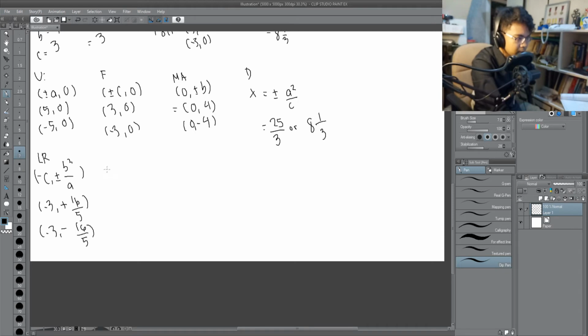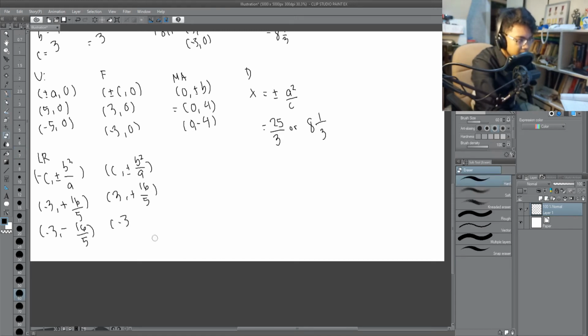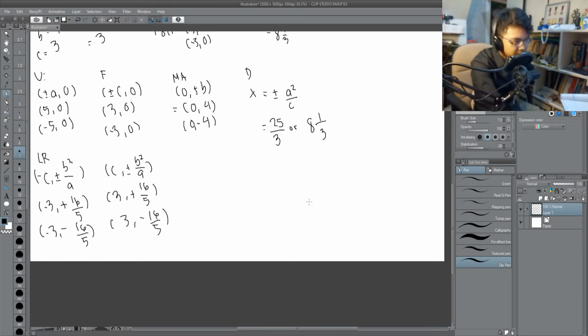And the next formula that we have to use is positive c, plus minus b squared over a. So 3 plus 16 over 5 and negative, oh, sorry about this, that's the wrong one. 3 and negative 16 over 5. So now we have solved for the latera recta.